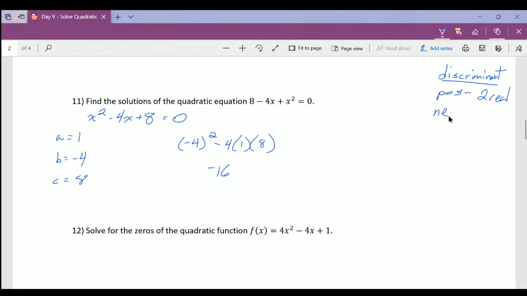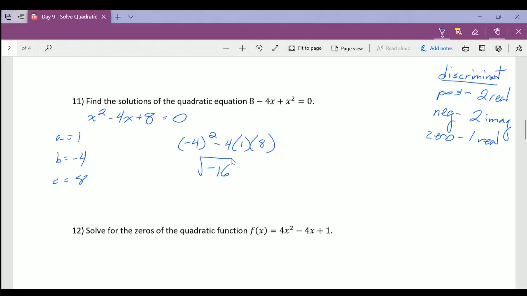If it's a negative number, you're going to have 2 imaginary solutions. And if it is 0, which is neither positive nor negative, you're going to have 1 real solution. Okay, so this is negative 16.